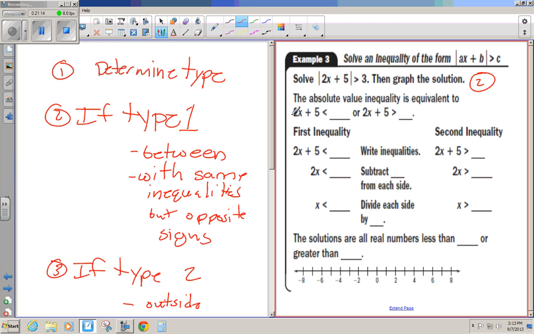So let's take a look. Rewrite, this is type 2. So you rewrite it exactly the way, or you flip the inequality and change the sign. Minus 5 from both sides. Minus 5. Divide by 2.